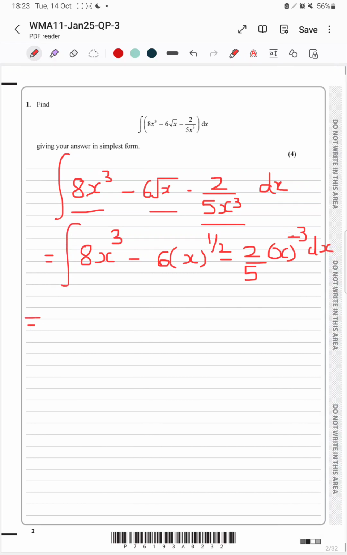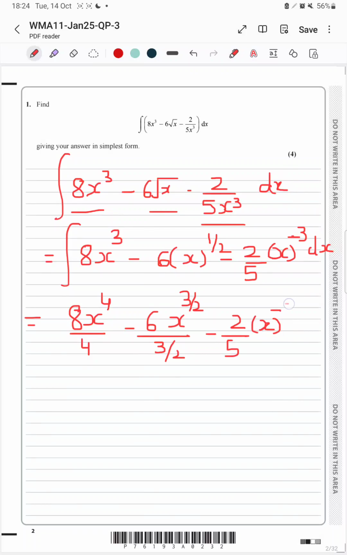So now we will integrate. The first part is given as 8x cubed, so we will solve that part first. This will be equal to 8x to the power of 4 divided by 4, minus 6x to the power of half plus 1, which is 3 by 2, divided by 3 by 2, minus 2/5 x to the power of negative 3 plus 1, this is negative 2, divided by negative 2, and at the same time plus c.